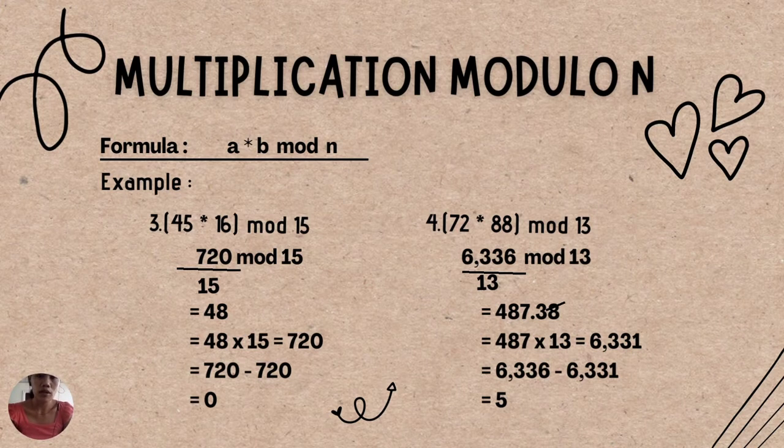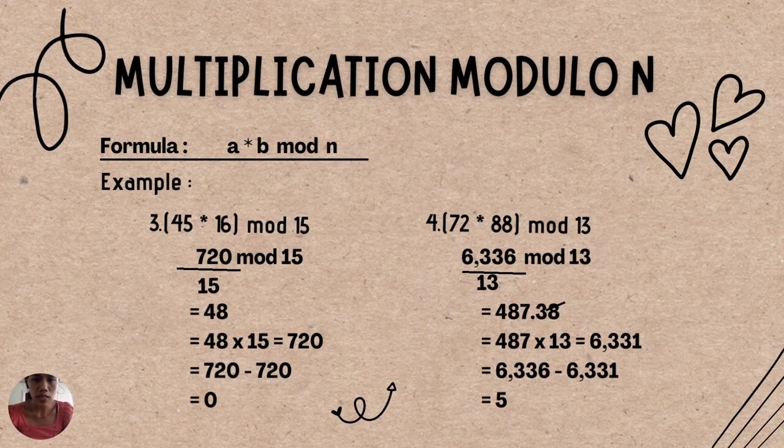Example number 4. 72 times 88 mod 13. The result is 6,336 divided by 13, which is 487.38. Eradicate the decimal places and get the whole number.